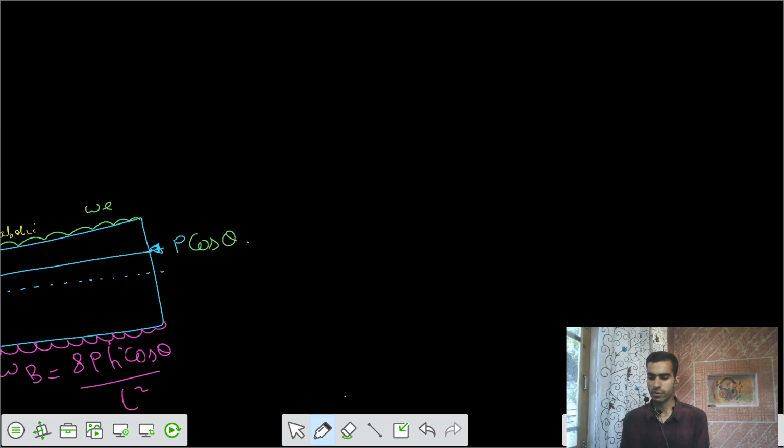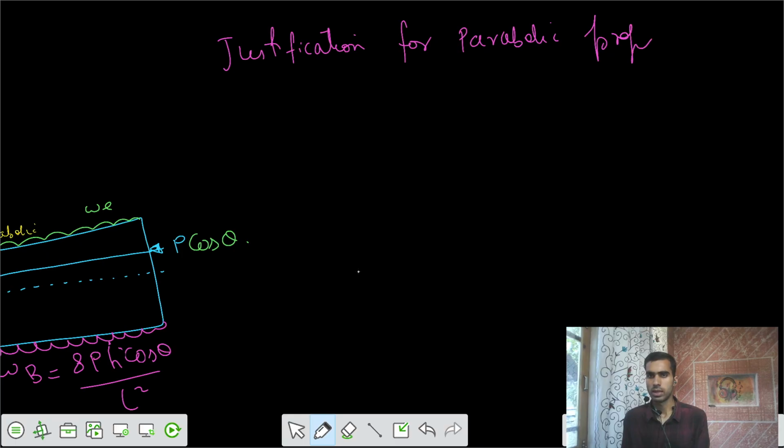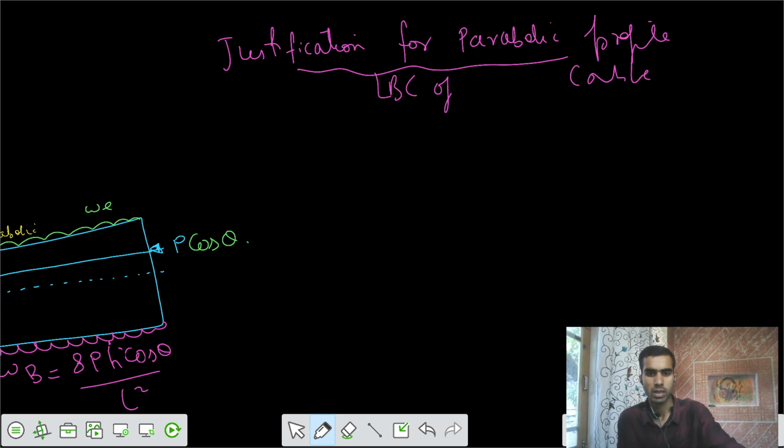Let's try that justification of the parabolic profile. This is the load balancing concept of this cable.